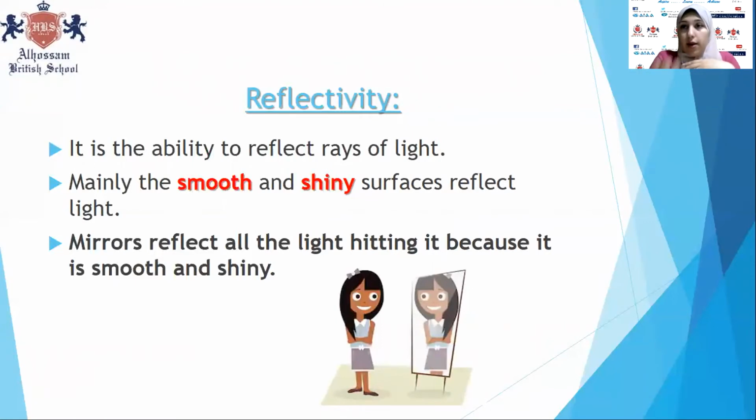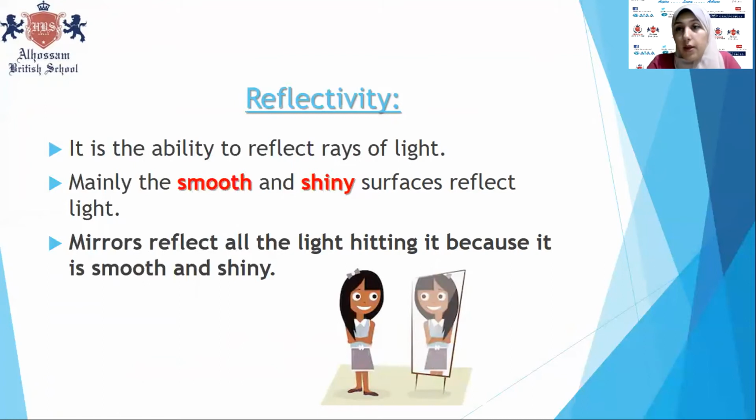And then the mirror will show up your image. Again, the mirror will reflect the light hitting it. How? Can you tell me how? The light will come and fall on the object, and then it will reflect to the mirror that will show up your image.